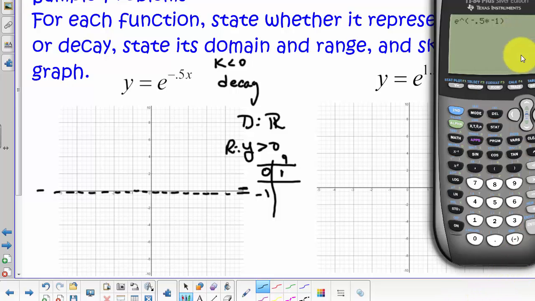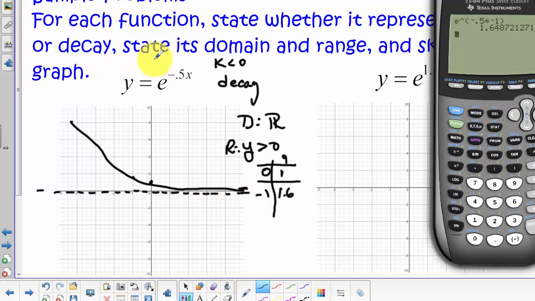Okay, I've brought up my calculator and I put -1 in for the x. And I get about 1.65, so we'll just round that to 1.6. So again, (0, 1) is our first point, and at -1, we're at 1.6. So about here. So here we have an exponential decay, and again, that's going to flatten out.